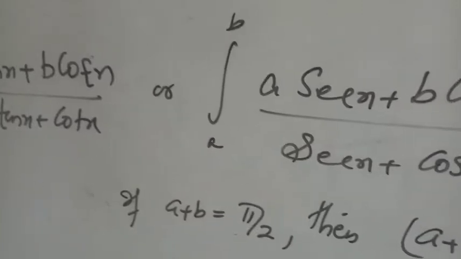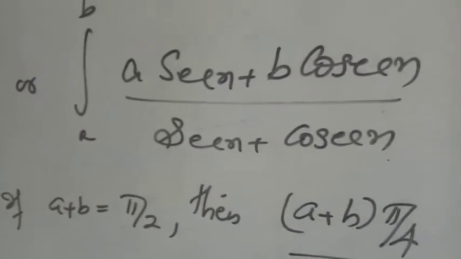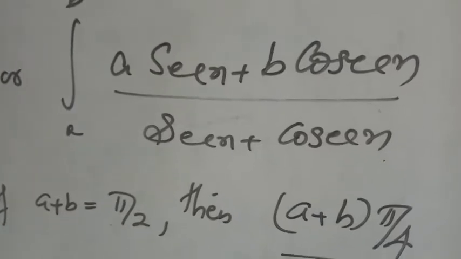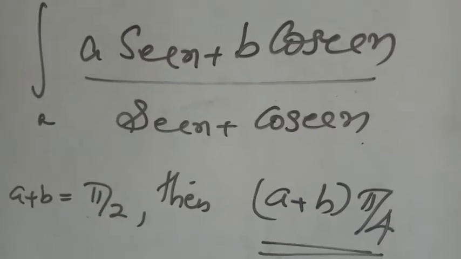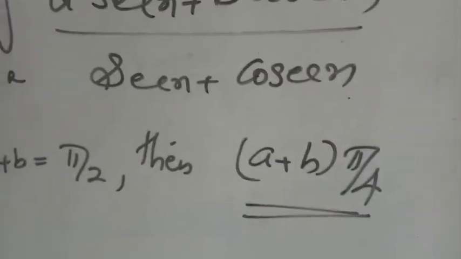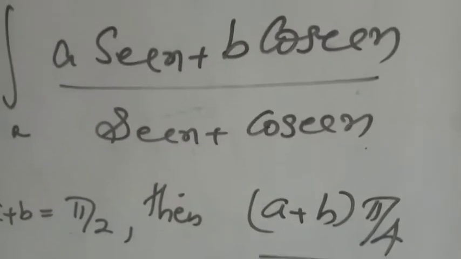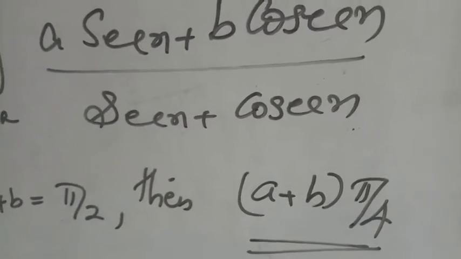If the sum of the limits is not pi by 2, suppose it is pi by 6 to pi by 3, then you write the value as a plus b into upper limit minus lower limit divided by 2. Don't forget that we cannot always write pi by 4 along with this a plus b; similar to our previous question, it is a plus b into upper limit minus lower limit by 2 for all these questions.